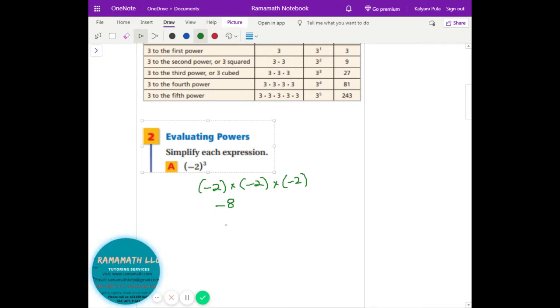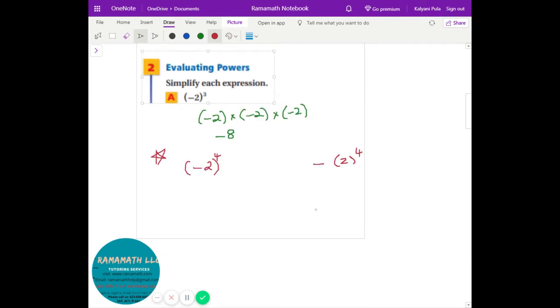And then I have another example, really important. I want you to pay close attention to it. If I have -2 to the power of 4, what am I going to get?